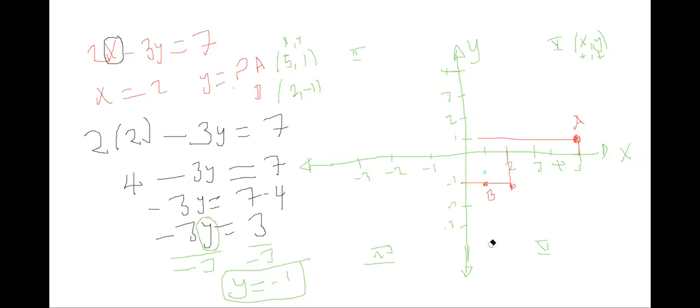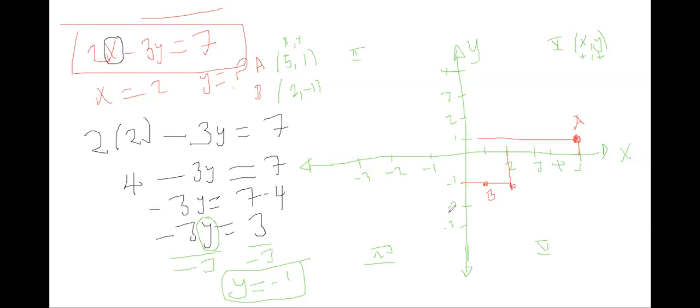So at the end of the day, if we look at this linear equation, it's nothing but a straight line. When you have an equation where the two variables, x and y, have a highest power of 1, if you graph it, you will have nothing but a straight line.